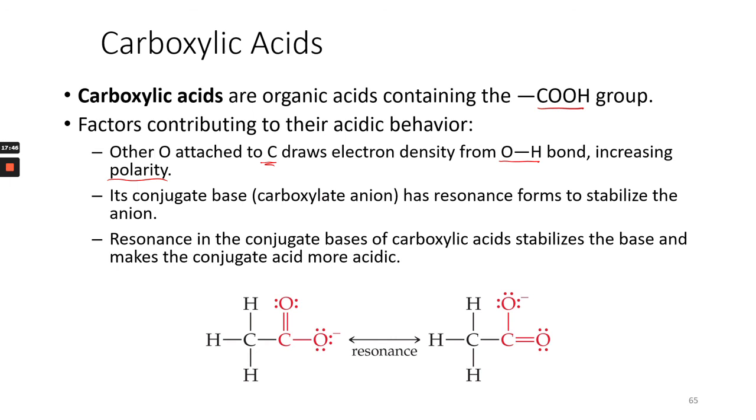And its conjugate base, the carboxylate anion, has a resonance form to stabilize the anion. Resonance in conjugate bases of carboxylic acids stabilizes the base and makes the conjugate acid more acidic.